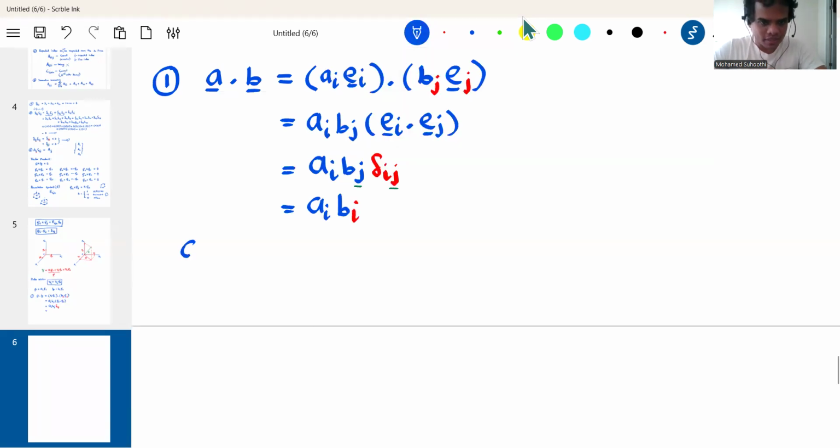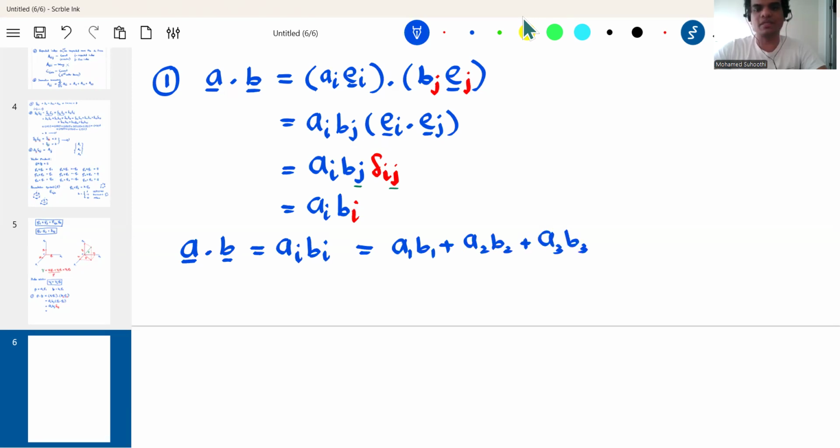So that means vector A dot vector B is actually ai bi. What is ai bi? If you have a repeated index, you should remember the summation convention, right? So therefore, i goes from 1 to 3: a1 b1 plus a2 b2 plus a3 b3.